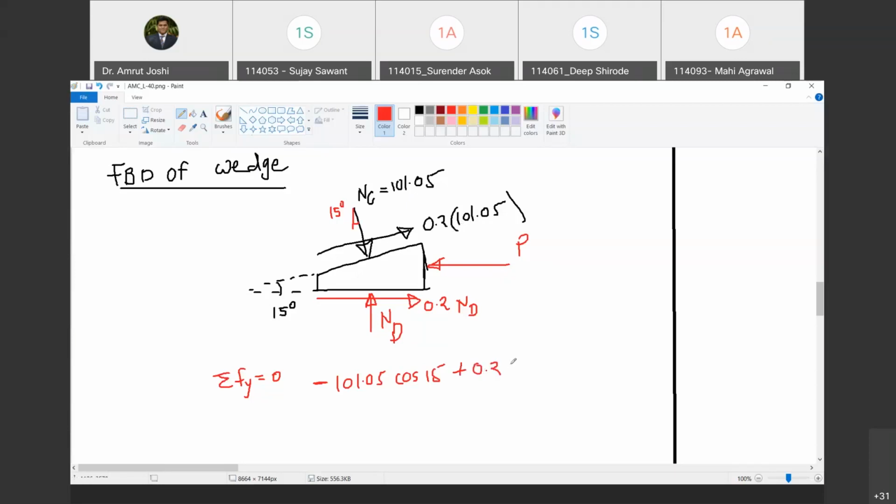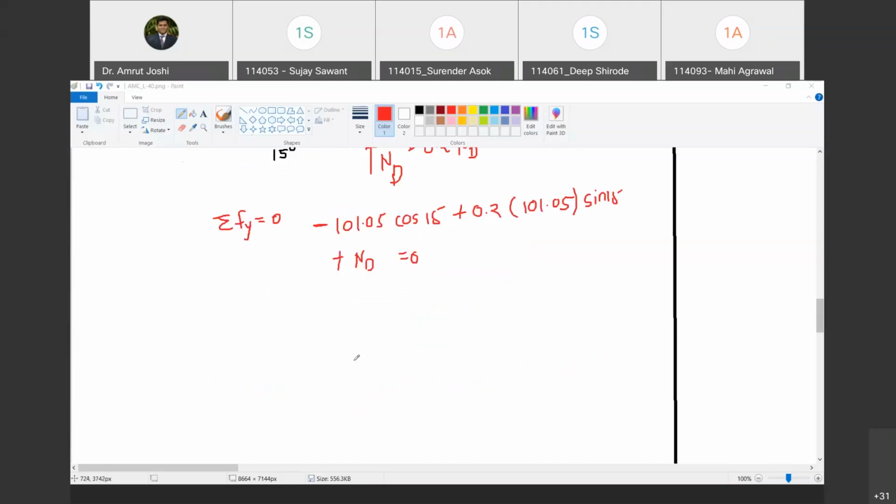Yes, sir. 0.2 times 101.05 into sine of 15. Happy? Yes, sir. And is there any other force which has vertical components? Yes, ND itself. So plus ND. This has to be equal to 0. Do you agree with me? Yes, sir. Now can you calculate the value of ND?